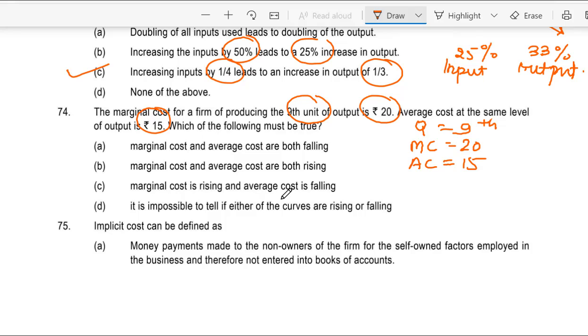B. Marginal cost and average cost are both rising. C. Marginal cost is rising and average cost is falling. Or D. It is impossible to tell if either of the curves are rising or falling. We can't say that. Question number 74. It is B. Marginal cost and average cost both are rising.